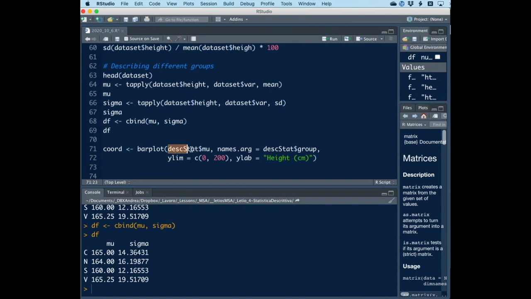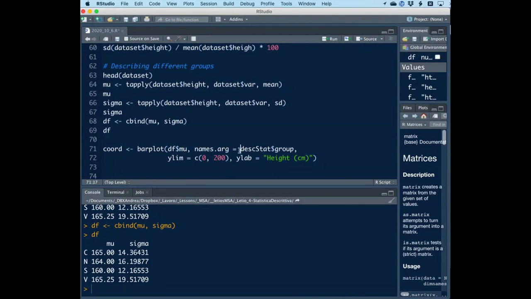So what do we have to plot? We have to plot df$mu. So we are taking the column that contains the mean, and that will be used for the heights of the bars, right? Then I would like to know what it has to write below each bar.